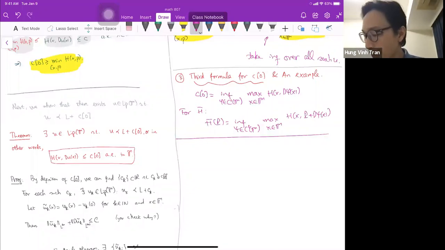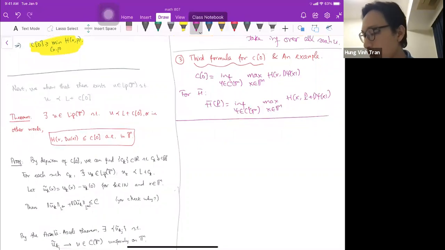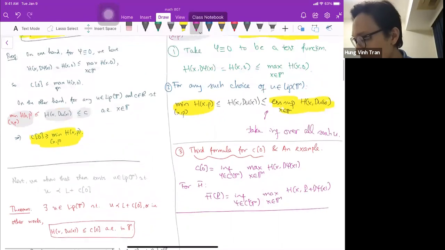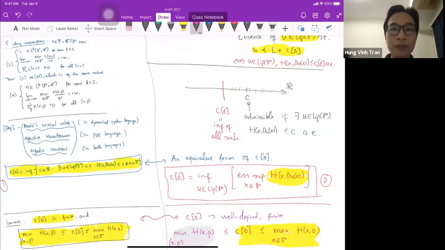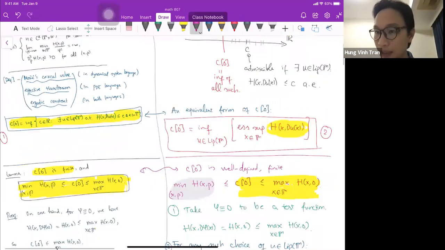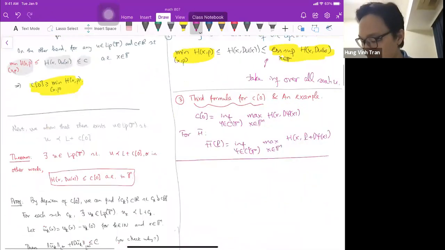Right. Now I'm going to prove that, recall that in the above, you take all admissible C and you take the infimum. It's not clear at all whether the infimum itself is also admissible, in the sense that there is a function U that satisfies H of x, dU less than or equal to C naught. So we now prove that it's also admissible.